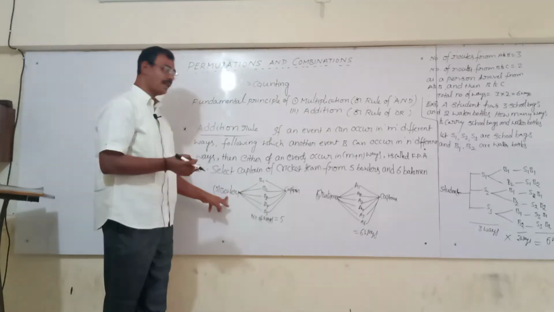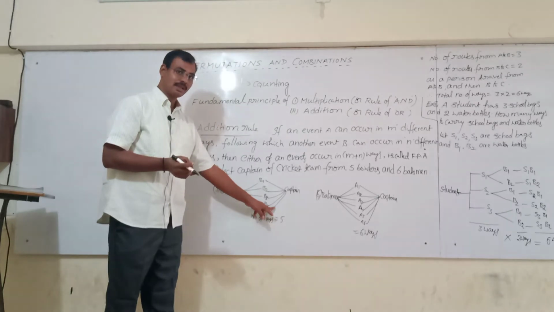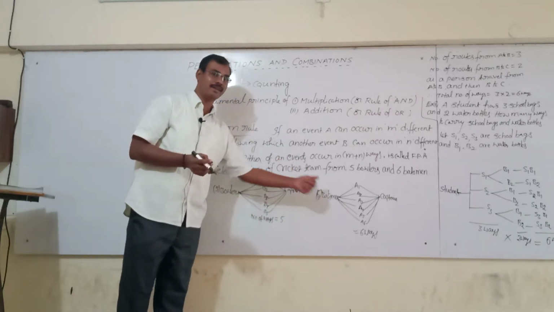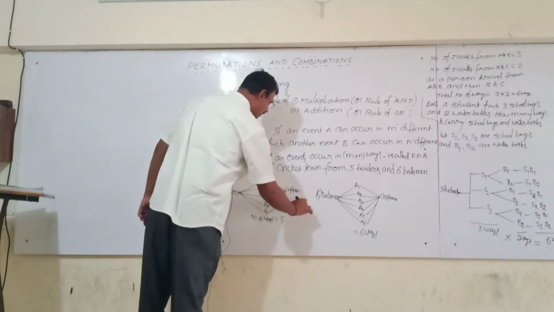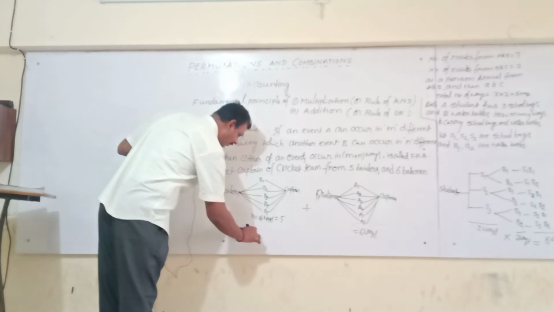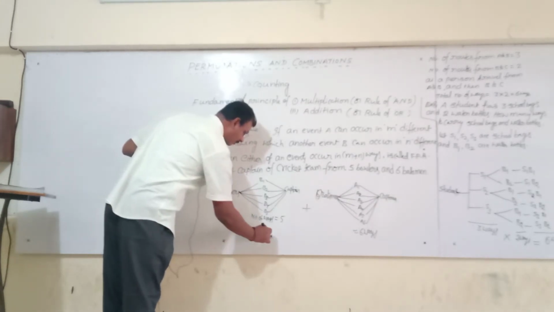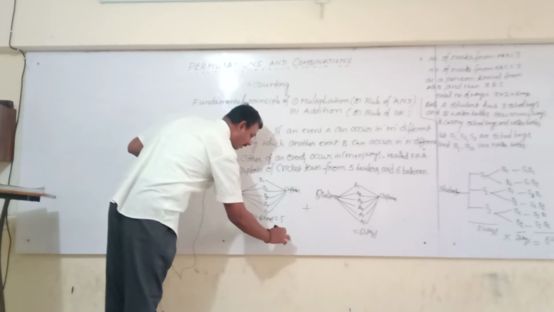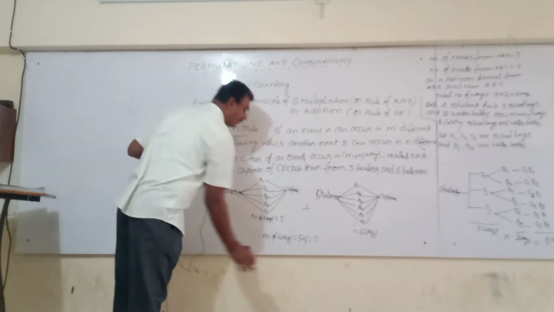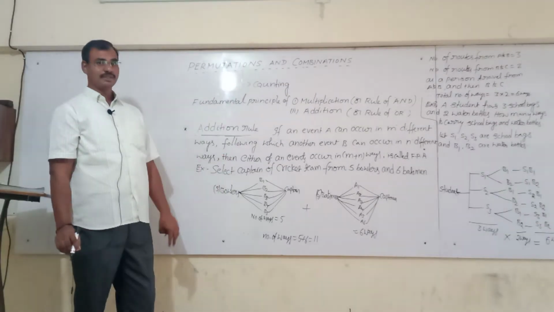We have to select the captain either from bowlers or from batsmen. Either-or is there, so we have to use addition. Therefore, the total number of ways is 5 plus 6, that is equal to 11 ways.